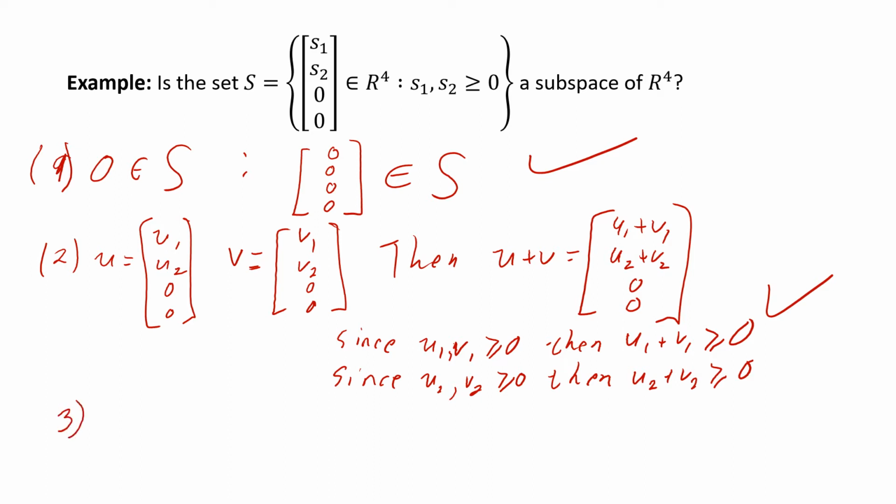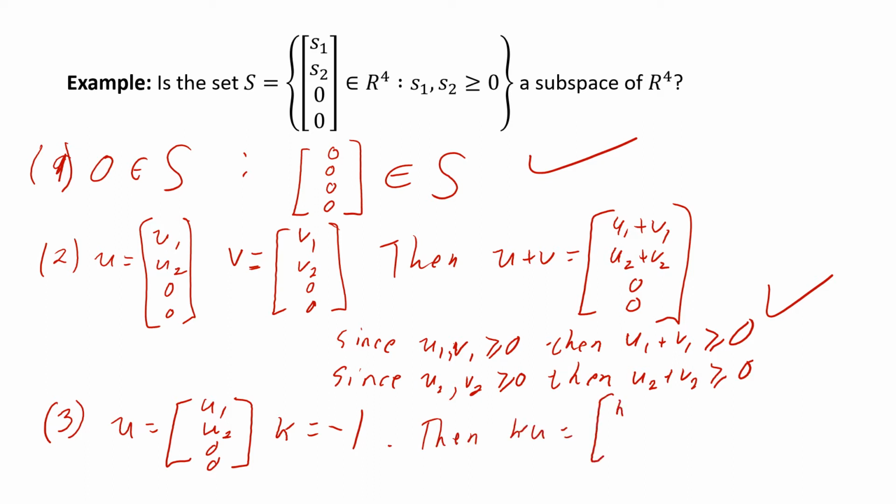But what about scalar multiplication? Now we let u equal u1, u2, 0, 0, and we let k equal -1. -1 is a scalar. Then k times u is equal to ku1, ku2, 0, 0.